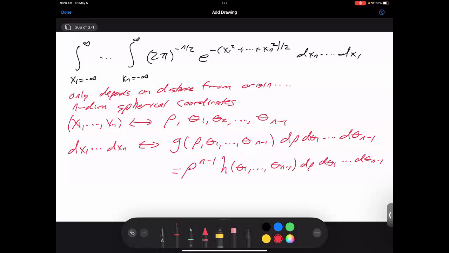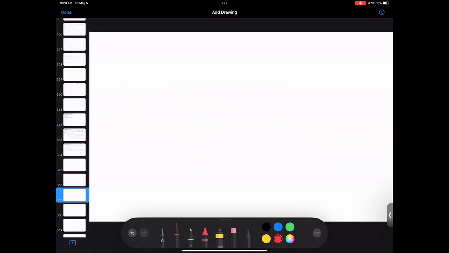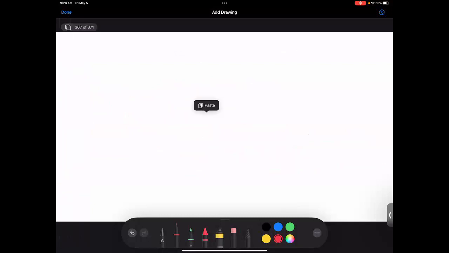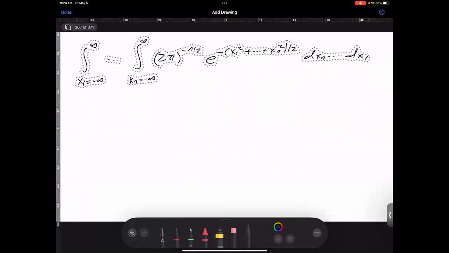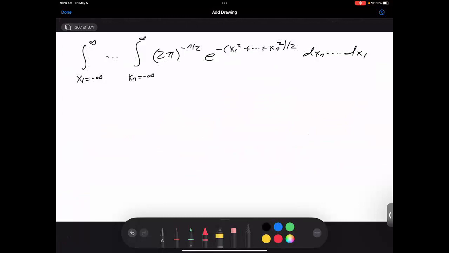So let's try to continue doing the integral. So this would equal the integral of rho goes from 0 to infinity, 2 pi to the negative n halves, e to the negative rho squared over 2, rho to the n minus 1.